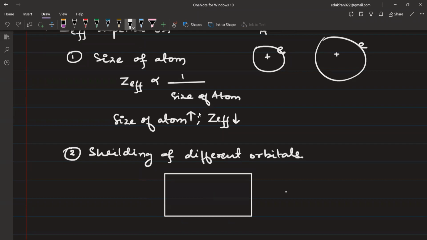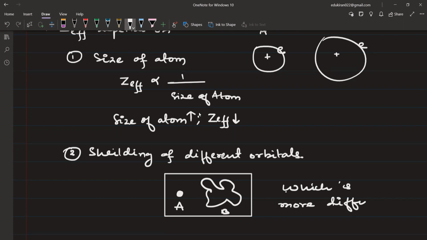I'm drawing two things here, A and this is B. Which is more diffused? I just want to know whether you know the idea of this word diffused. Which is more diffused, A or B?